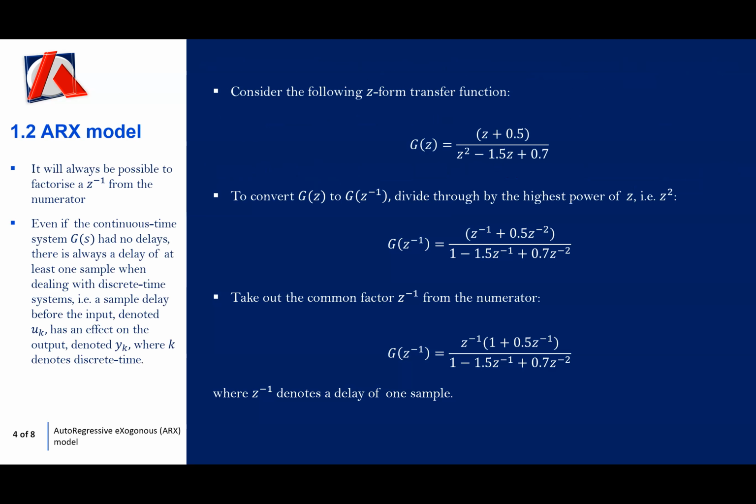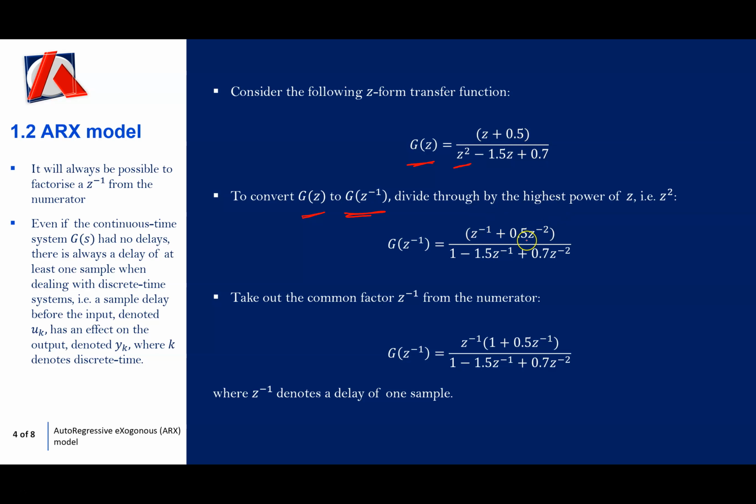Consider the following z form transfer function, which we've seen previously. The first step is to convert from G(z) into G(z^-1). To do this we divide through by the highest power, in this case z squared. Dividing z by z squared gives us z^-1.